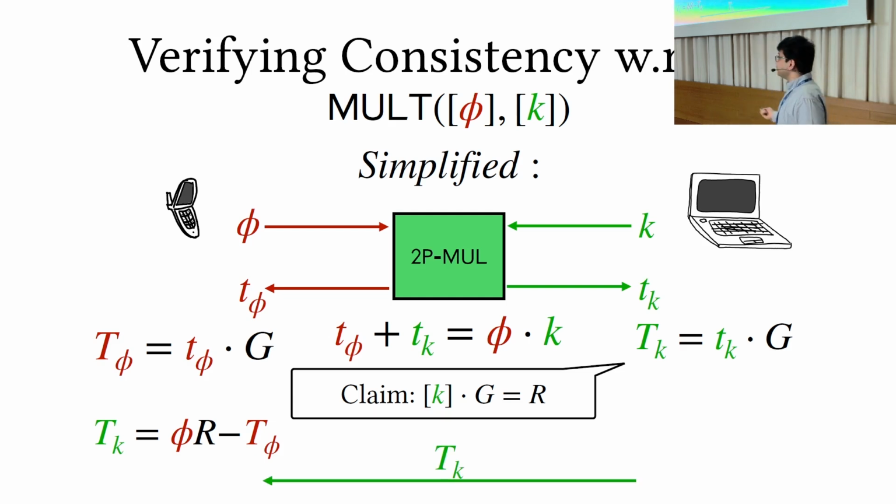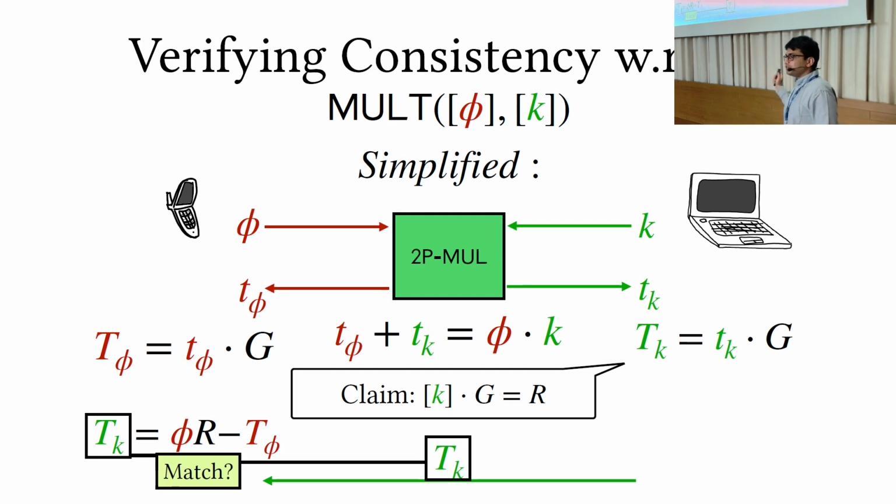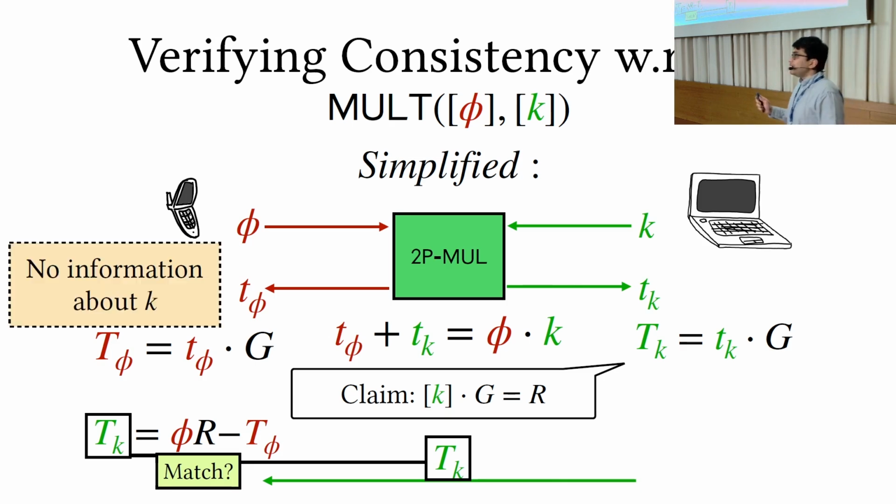So it turns out that capital T_k sent by the laptop, if it matches the locally derived capital T_k of the phone, is sufficient to check that this claim is true. Right? And this is useful because notice that the phone has received a value from the laptop that it already derived locally. So assuming that this protocol is executed honestly, the phone gets no new information about the laptop's input that it did not already have.